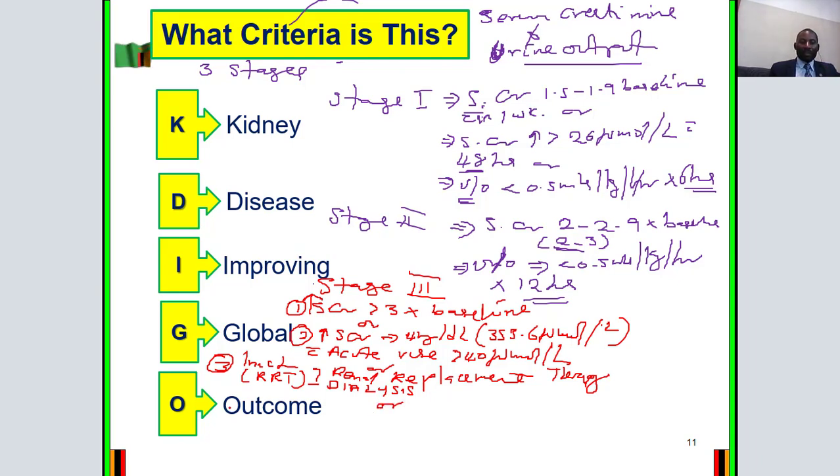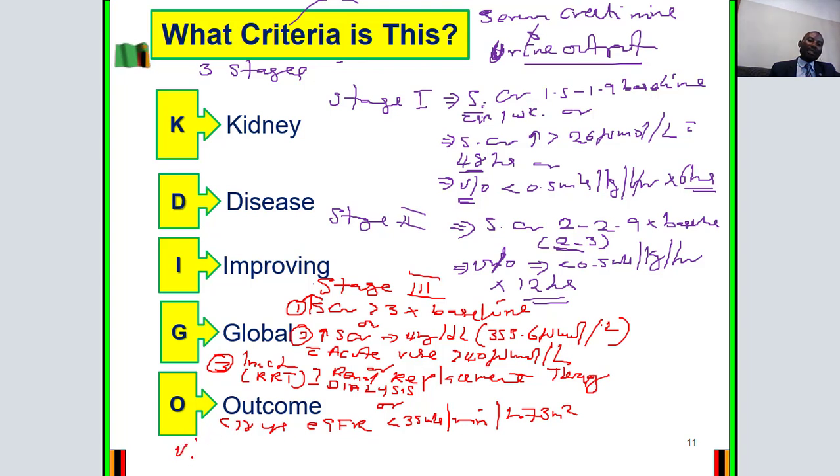Or the patient, especially one who is less than 18 years. Those who are less than 18 years, the estimated glomerular filtration rate usually reduces to less than 35 mL per minute per 1.73 meters squared.